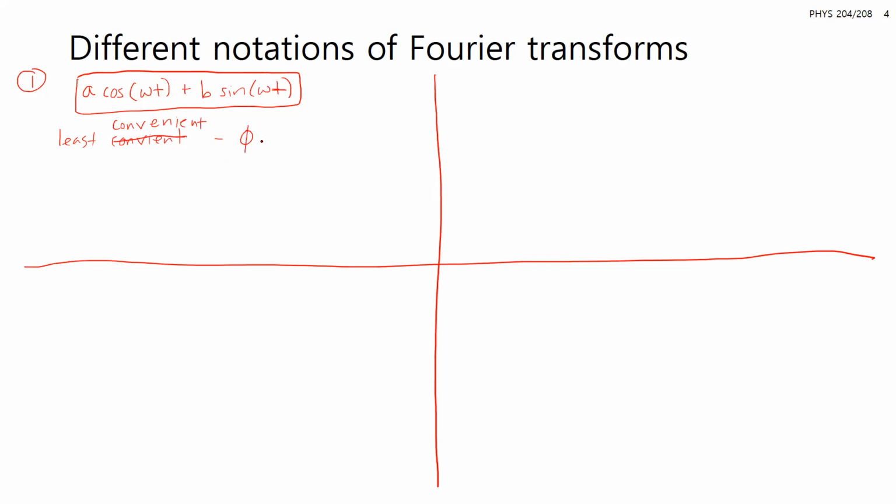Instead, the phase is coded in the cosines and the sines and the combinations of those. So if your signal changes phase, I'm going to write that as a delta phi there, your A and B components would change.